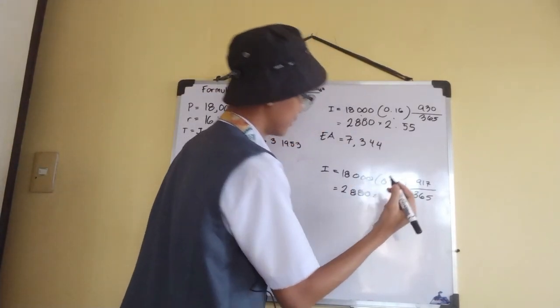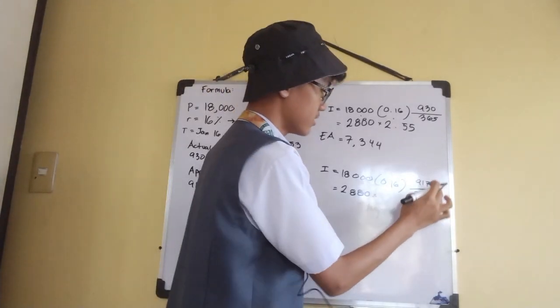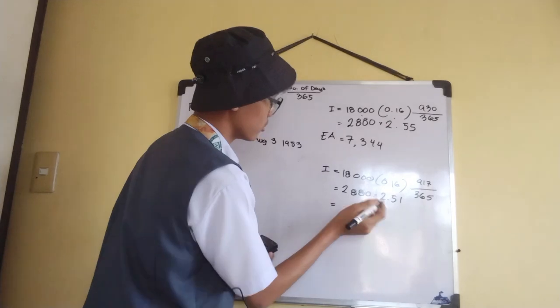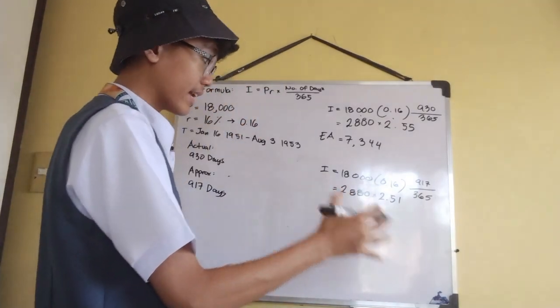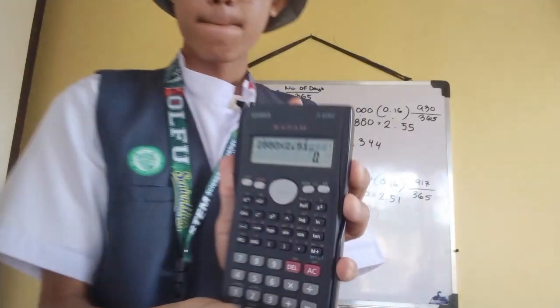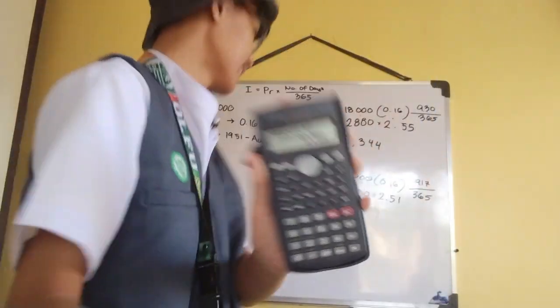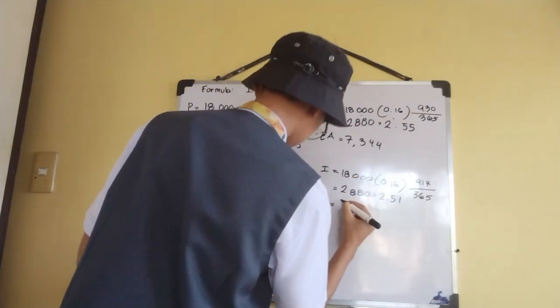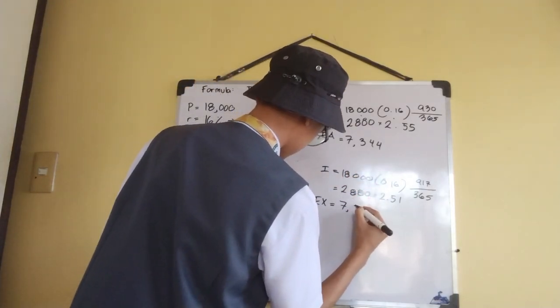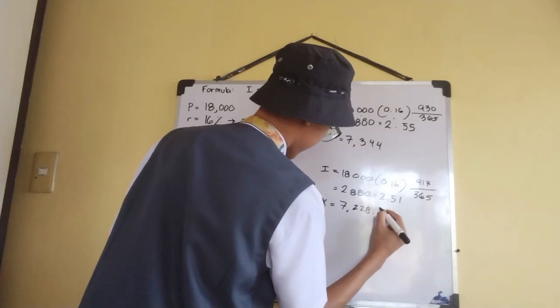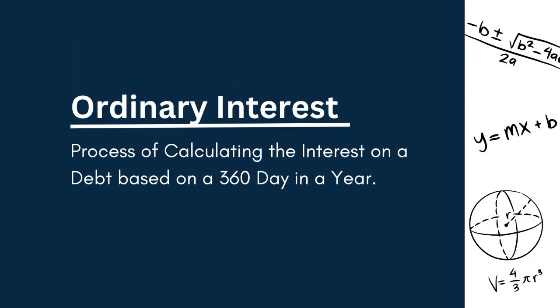Then we divide these two, that number. Then we multiply 2,880 by 2.51. That's our final answer. Our exact interest in approximate time will be 7,228.8.